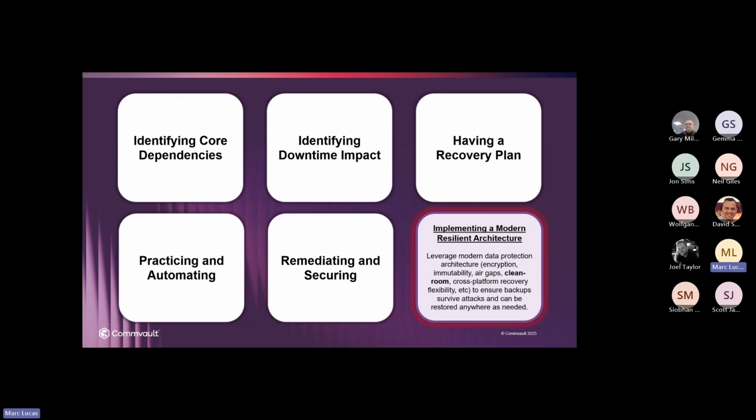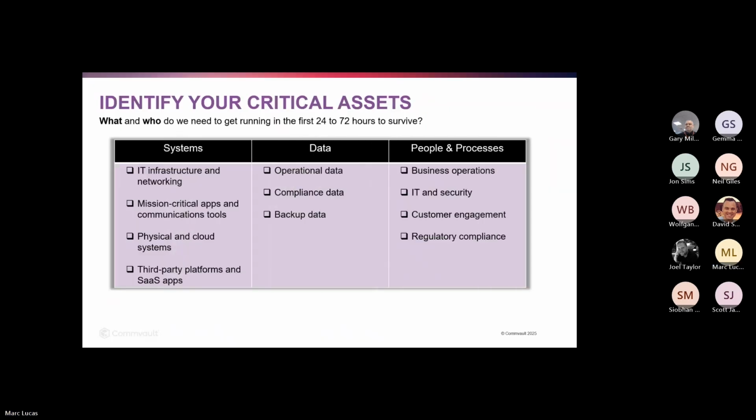A clean, sterile incident recovery environment or clean room. Being able to recover data from one platform to another and having that flexibility. And making sure that your backups survive when you have an attack, because that's going to be the first place that you start in the recovery, but it's that cyber recovery that I mentioned before.